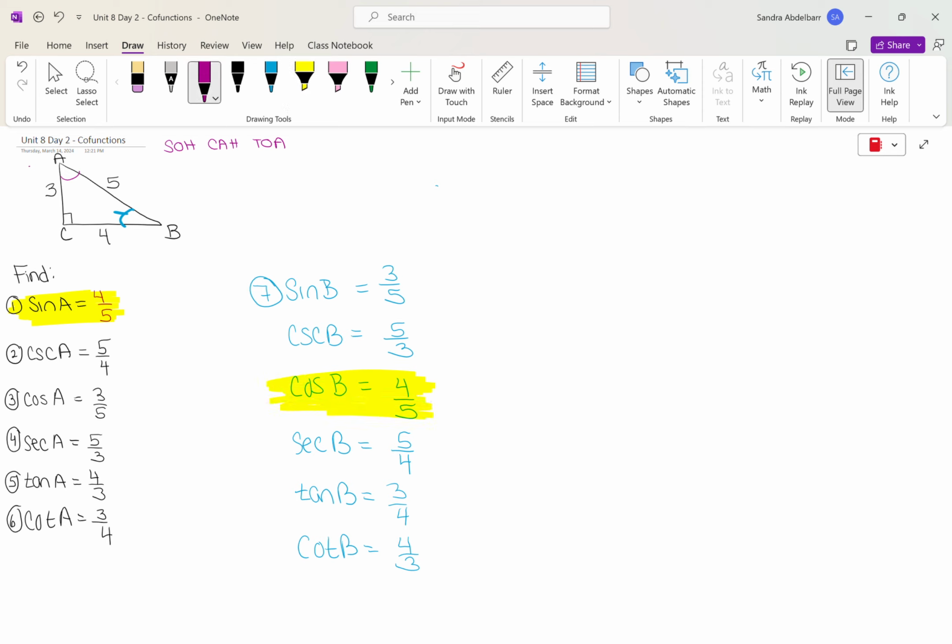Sine of angle A is equal to the cosine of angle B. All right, what else is the same? Cosecant of A is the same as secant of B. That's also not a coincidence. We're going to write that down.